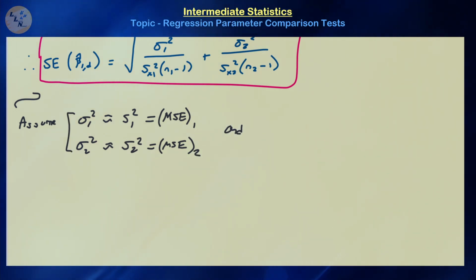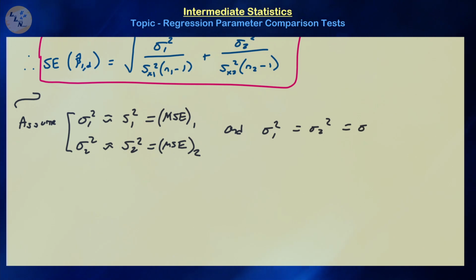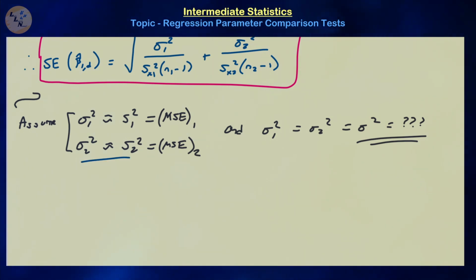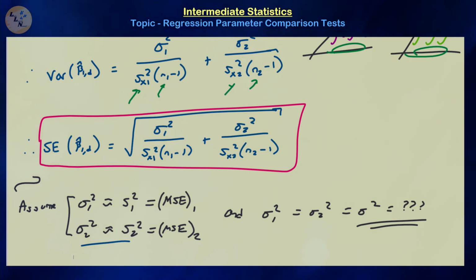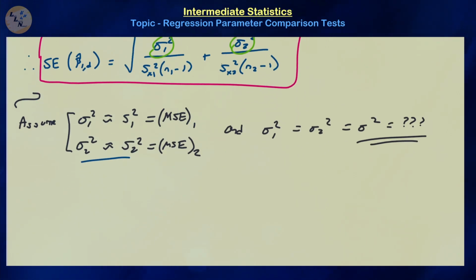And let's also assume that we have evidence to believe that sigma 1 squared and sigma 2 squared are equal to each other, in particular that they are equal to some sigma squared, but we do not know what that sigma is, because if we knew what sigma was, then we wouldn't have to approximate it, right? So if that's the case, notice that these sigma squareds are now equal to each other, and we can factor that out of the square root.